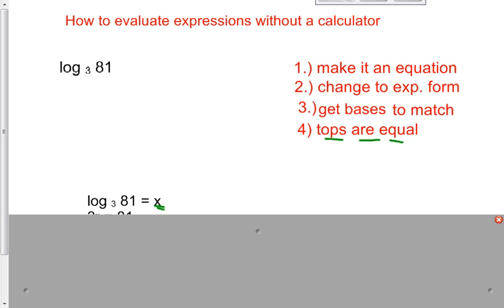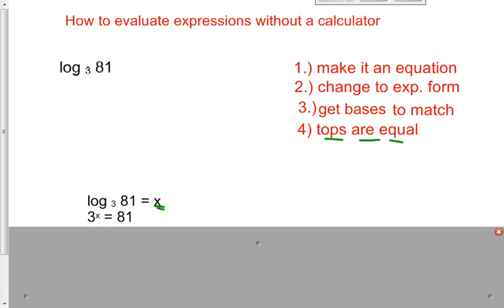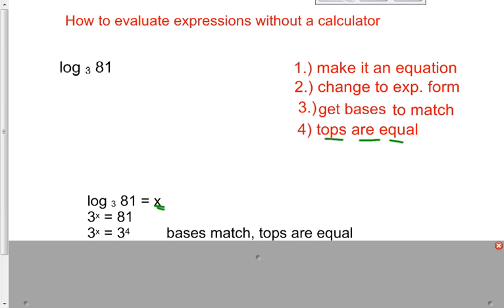Step number 2, change it to exponent form. We had log base 3 of 81 equals x. Changing that into exponent form, your base is 3, so it becomes 3 raised to the x equals 81. Step number 3, get your bases to match. We know that 81 also comes from 3, so write it that way. 3 to the x is the same thing as 3 to the 4th power.